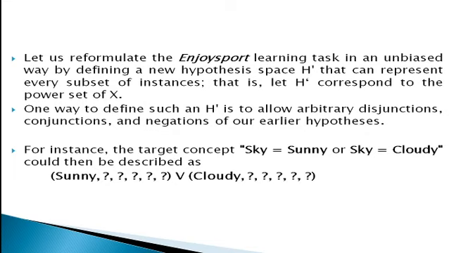For instance, the target concept sky equal to sunny or sky equal to cloudy could be described as sunny, question mark, question mark, question mark, question mark, question mark, disjunction with cloudy, question mark, question mark, question mark, question mark, question mark.